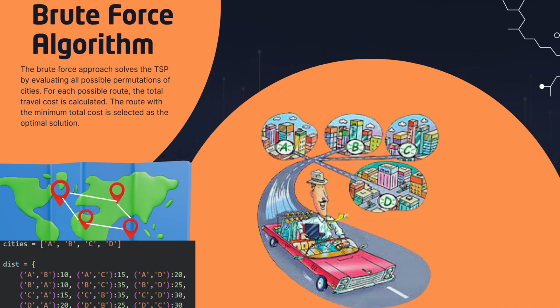A person is going from a starting place to different places, and at the end of his journey returns to the starting place, like A to B to C to D to A. So which path is short and easy for this person to travel?